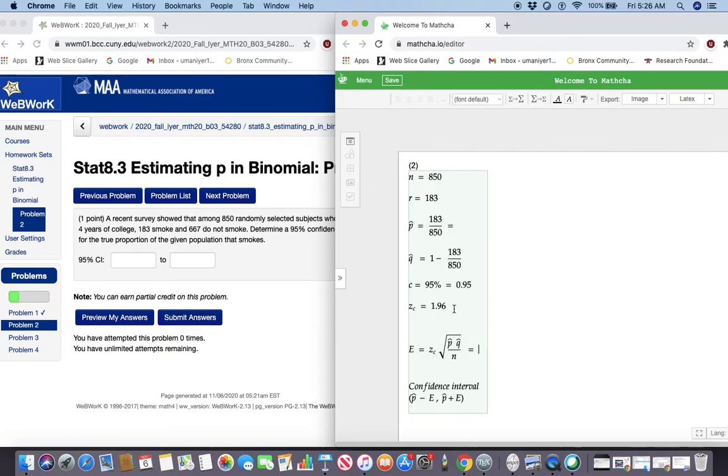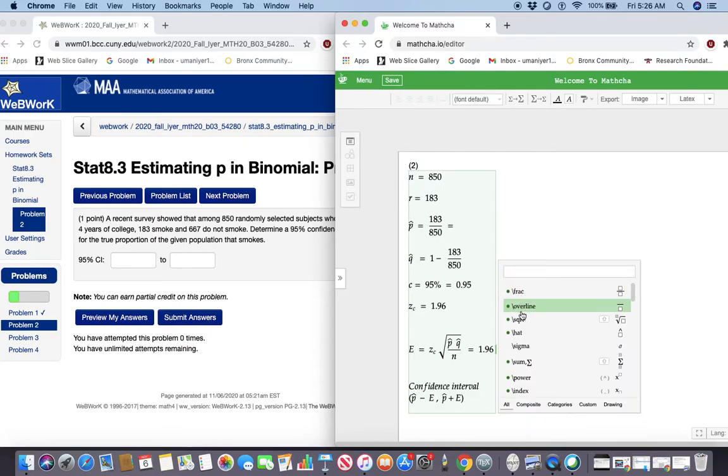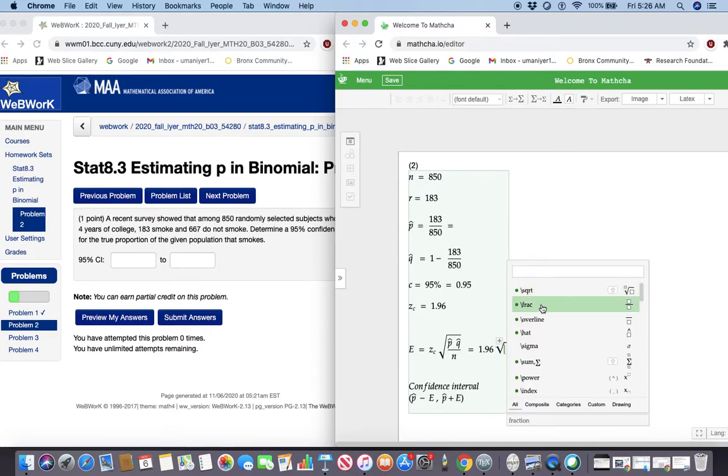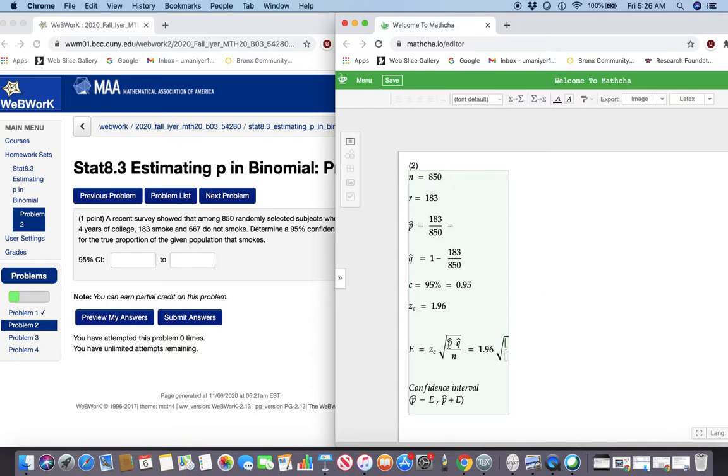E is Z sub C, that is 1.96, times the square root of the fraction. What goes on the top is P hat, which is 183 over 850, times Q hat, which is 1 minus 183 over 850, over n. n is 850.